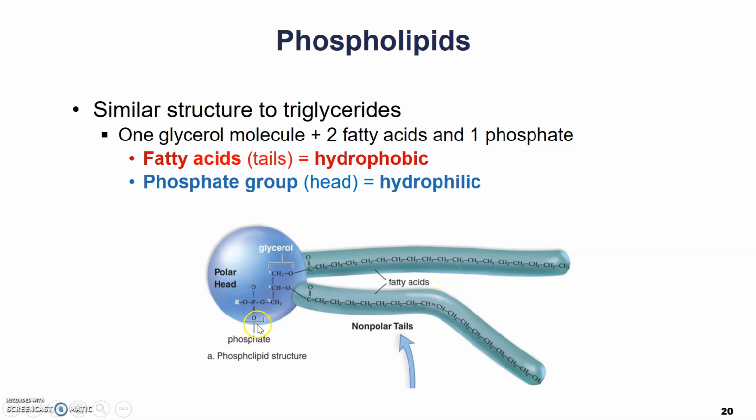Once we add that phosphate group to the glycerol molecule over here, we actually turn it from water-fearing or hydrophobic to water-loving or hydrophilic, because phosphate groups are charged and water likes to dissolve charged things. And phospholipids have this unique property where that one side, this head group here, this circular ball, is hydrophilic and water-loving, whereas the fatty acid tails are hydrophobic or water-fearing.